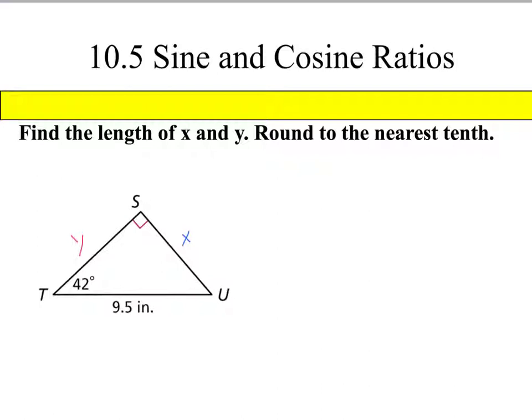All right. So here I'm just going to be trying to find x right off the bat. Notice according to this 42-degree angle, x is my opposite side, and I also know my hypotenuse. So what trigonometric ratio am I going to use if I know an angle, the opposite, and the hypotenuse? Opposite, hypotenuse, that's SO, which means I'm going to use sine.